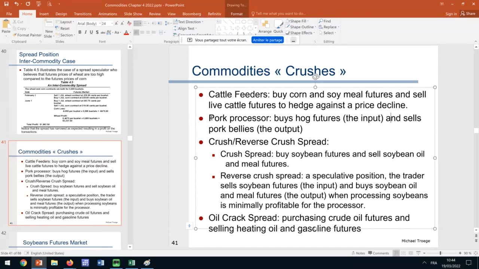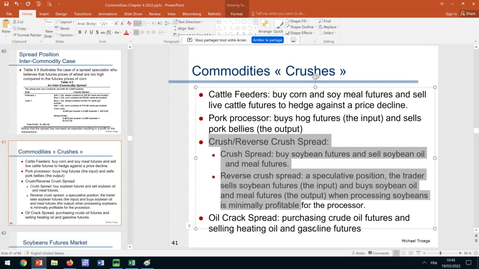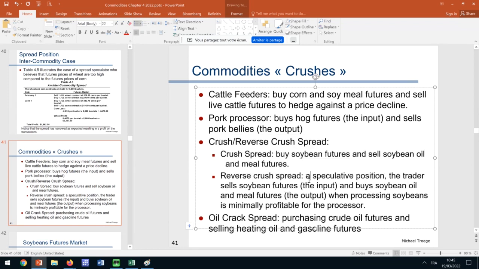The same relationships exist for pork. You have hog futures, that's the smaller pigs, and then you have the pork bellies, that's the output. And you also have, of course, feeding, I don't know what they feed them, probably soy as well. And then you have the soy crush, which is the easiest to understand or to calculate, which is the transformation of soybeans into soy oil and soy meal.